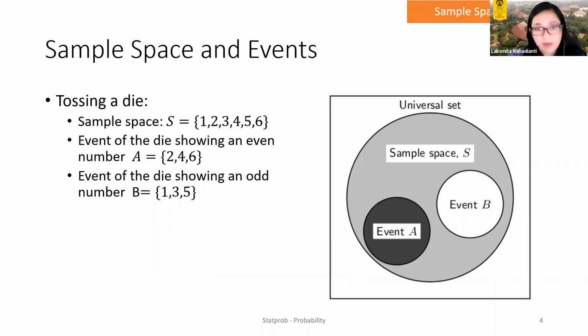Allow me to correct myself a bit, as last week, I believe I misrepresented the sample space. So what I did last week was something like this. I denoted the entire universal set or universe as S, which was in fact incorrect. So please disregard that from last week.